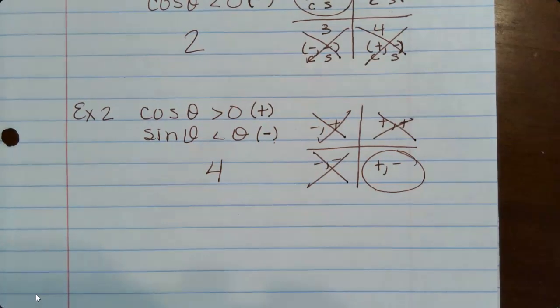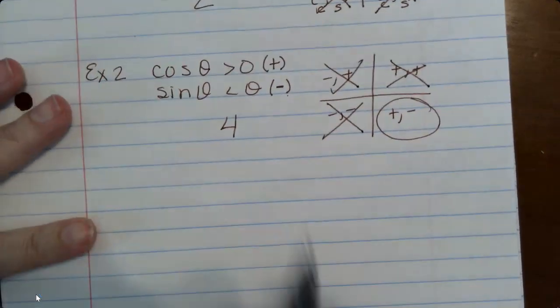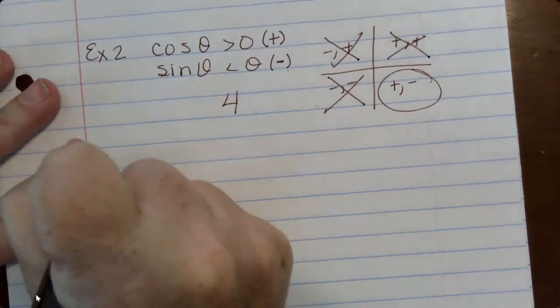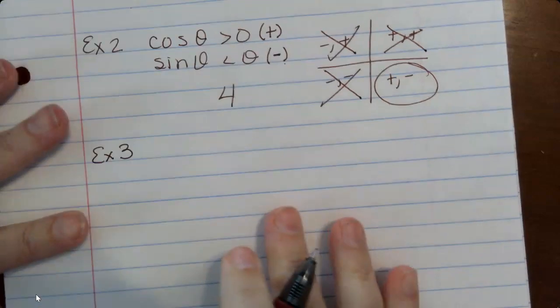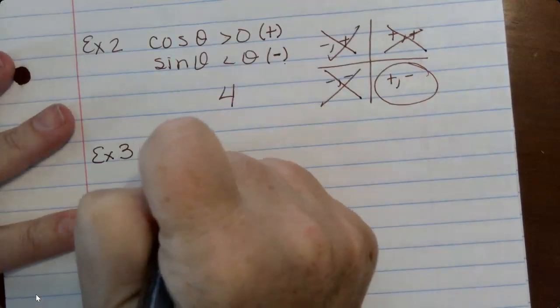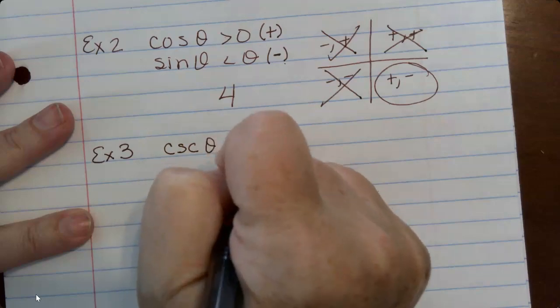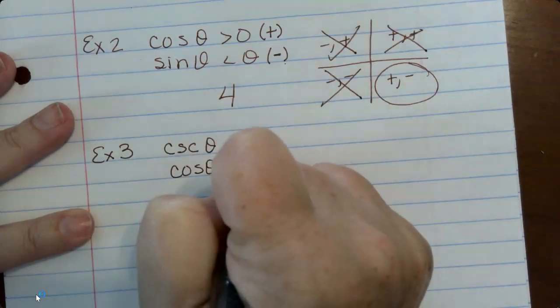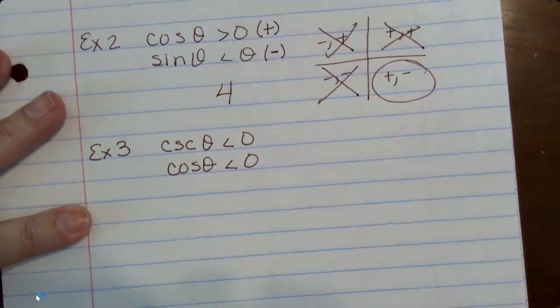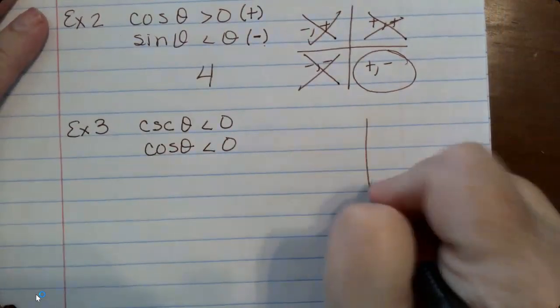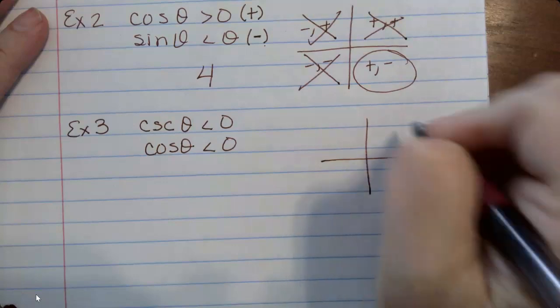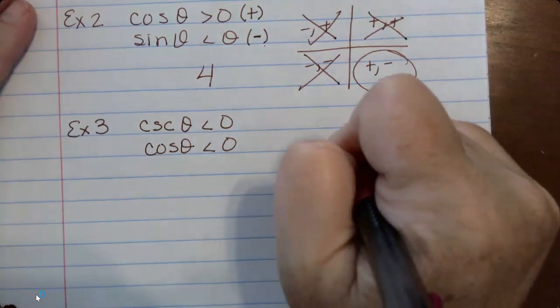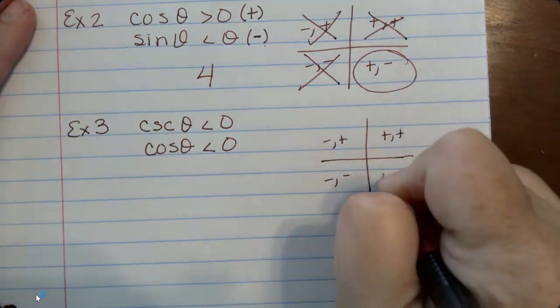Okay, so let's do a different one. How about, let's see, example 3. So let's go cosecant is less than 0 and cosine is less than 0. Okay. Plus plus, minus plus, minus minus, plus minus.